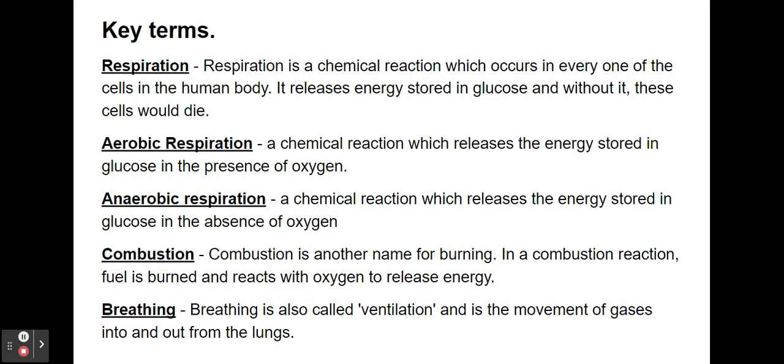Breathing helps you to absorb oxygen into your body, which is needed for aerobic respiration to occur. It's also needed to get rid of carbon dioxide, which is the waste product from aerobic respiration. But it is not the same, and it is not part of the reaction.